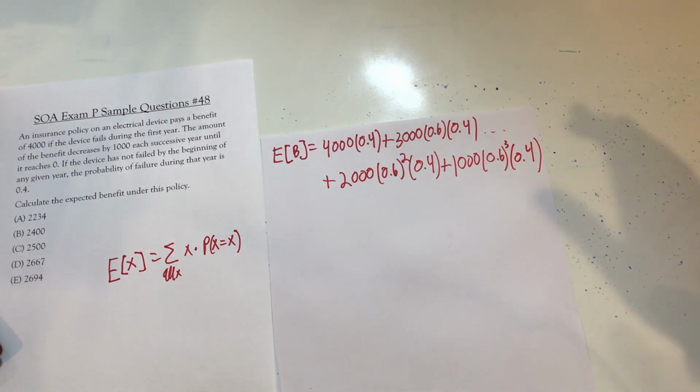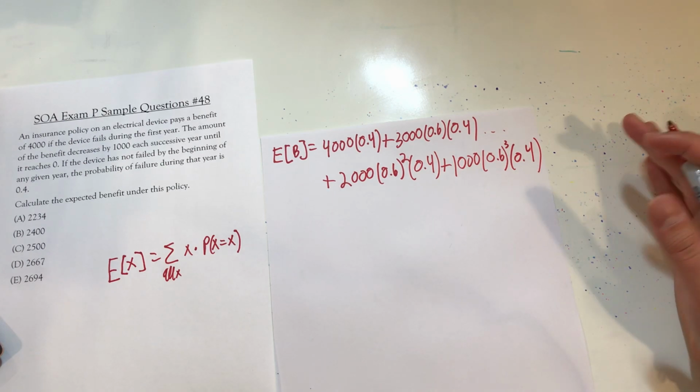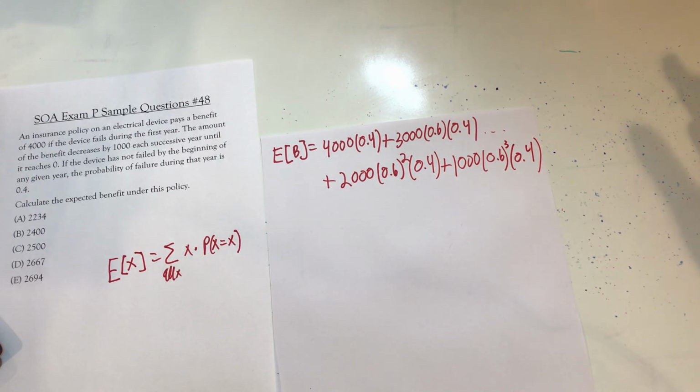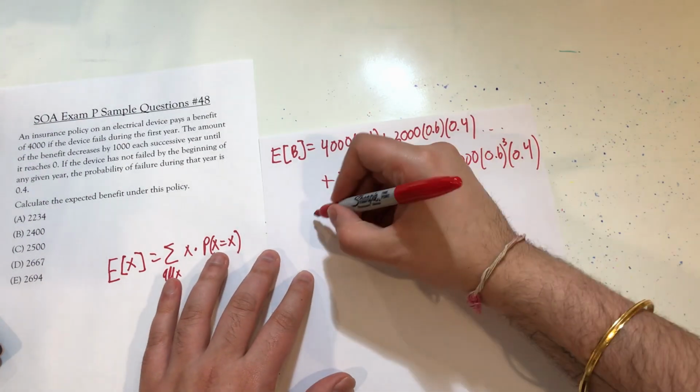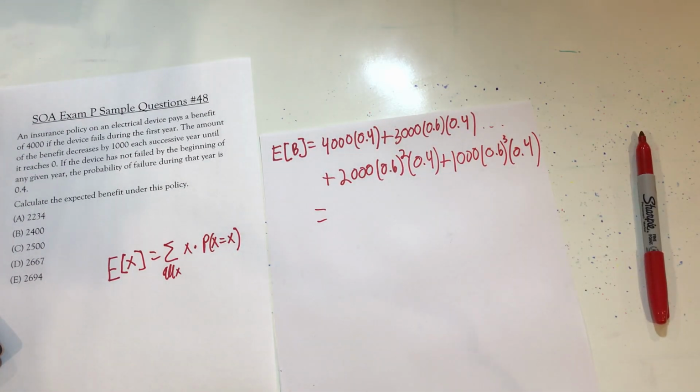We don't need to keep going because the other values would be 0, and we'd essentially be adding 0 on forever. So now all that's left to do is to put this into a calculator. If you've seen some of my other videos, I've mentioned it plenty of times. I don't have these problems done out beforehand because I think it's important for you to see my process for actually solving these.